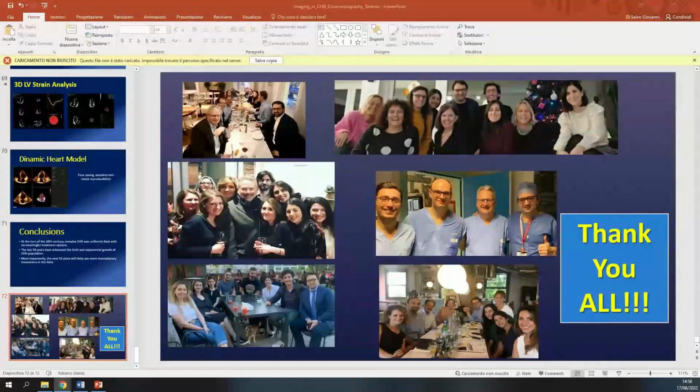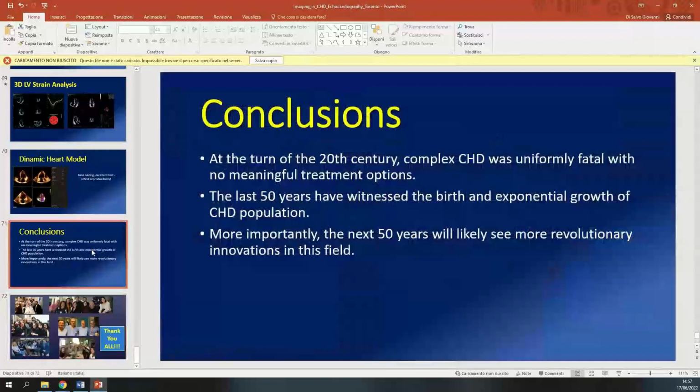I have a question. The application of these advanced techniques, for instance speckle tracking in the right ventricle, is much more challenging in the adult population because of technical challenges: the echo window is not as good as it is in the pediatric population. Sometimes the right ventricle can be very difficult to image and visualize in adults.